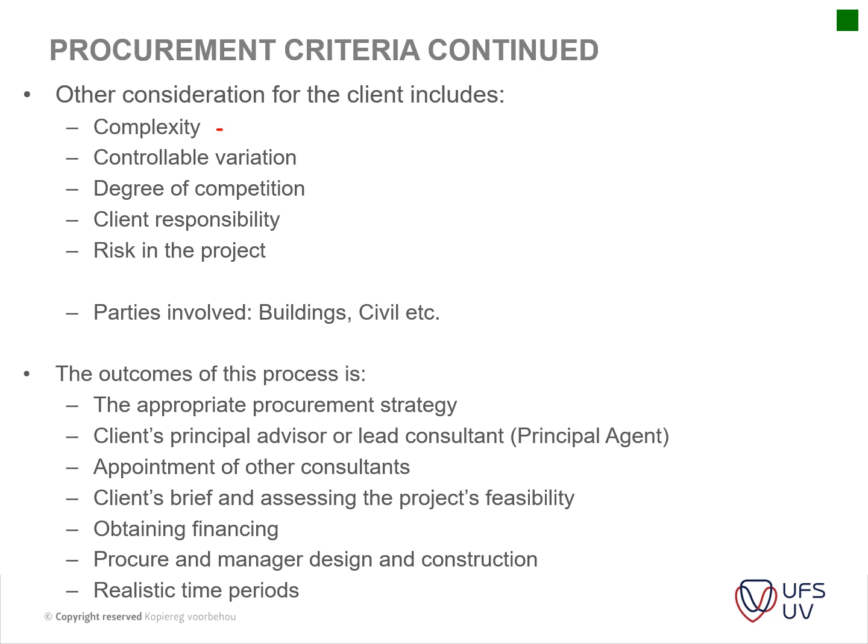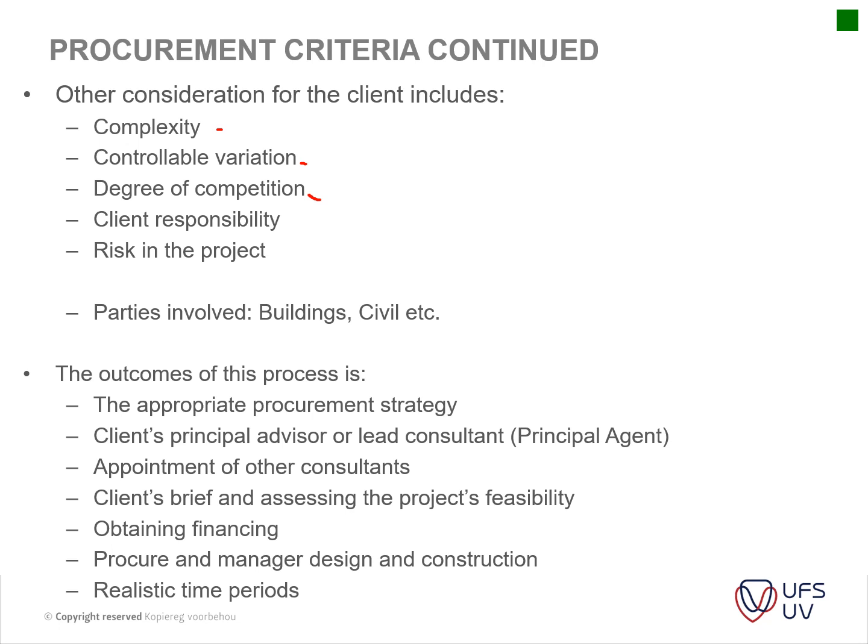And then you also consider the controllability of your variations. Is it a project where the client has quite a lot of funds and where he's not too strict on the budget? That will also dictate what type of considerations you will look at. And then the degree of competition, how much competition is there.